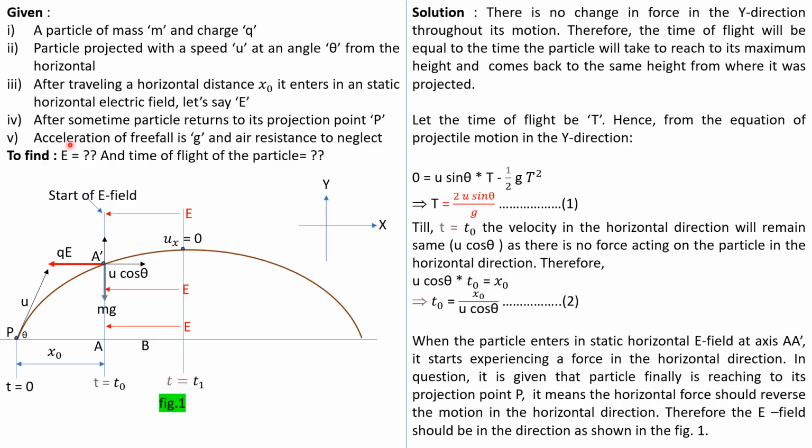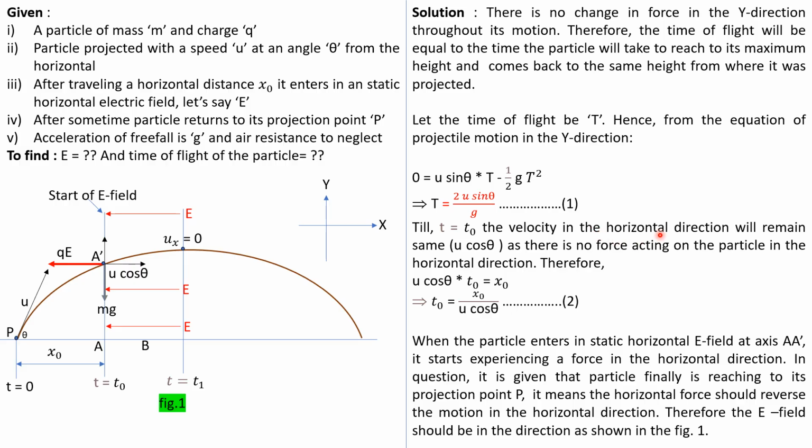Now we are to find what E is. Till t is equal to t naught, meaning the time counting we have started from point P. So t was 0 at this point. From there to here it took time t naught.